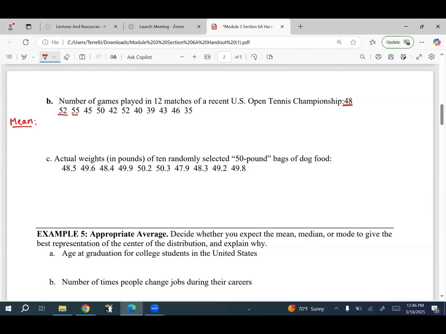So to find the mean, we add all the data values. And then we divide by the total amount of values there are. And if I count that, that's 12 numbers there.